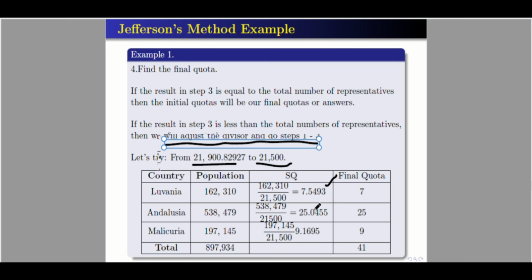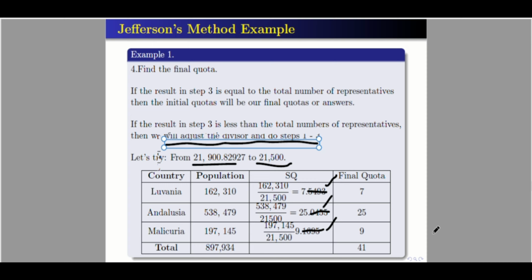Again, for Andalusia, do the same thing, and for Malicuria, do the same thing. And then step number 3 is we just need to cut off the decimal places. In this case, we have 7, 25, and 9. So 7 plus 25 is 32, plus 9 is 41.